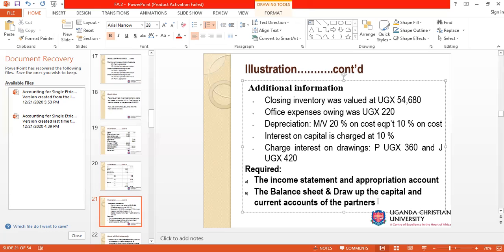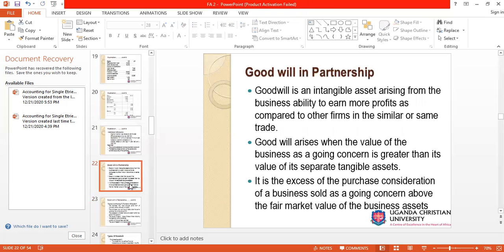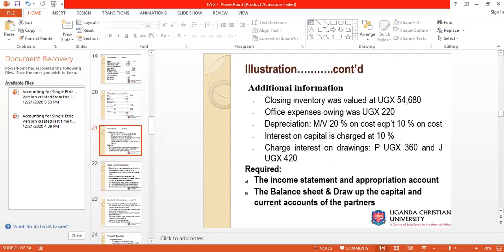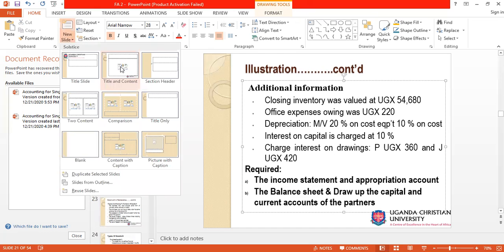That is an illustration for us to apply the entries we have talked about. The next slide is on goodwill, but we shall tackle it next time. Today we must first do the accounting, I mean the preparation of the income statement and the balance sheet using those entries. Okay, so let us go to the solution.